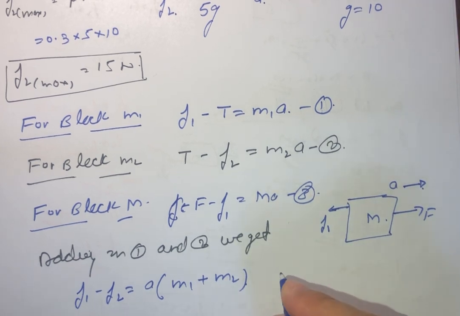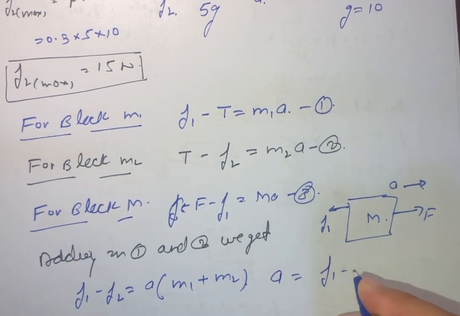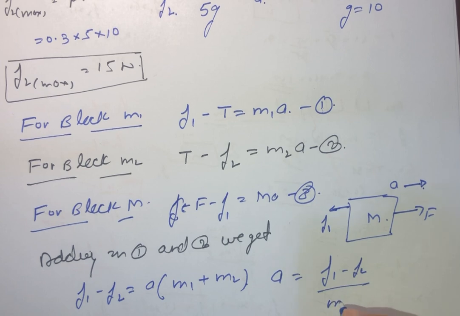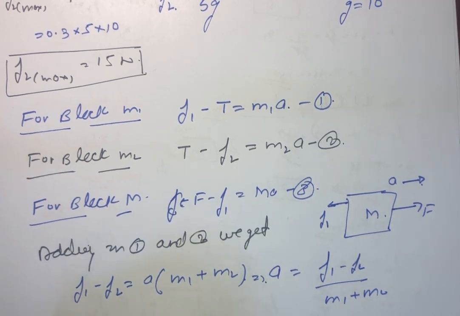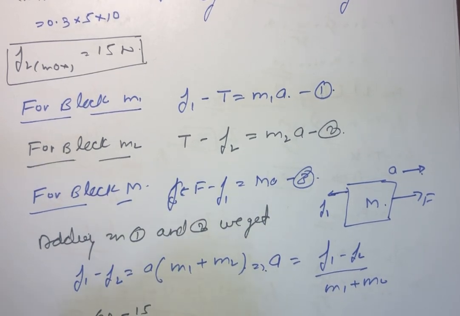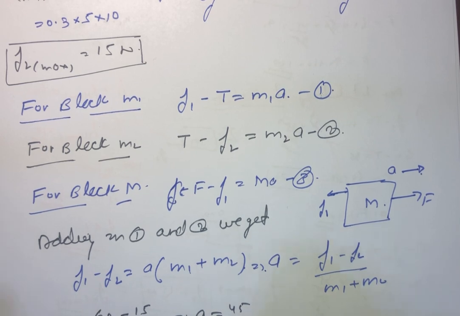From here we can say our acceleration A equals F1 minus F2 divided by M1 plus M2. Substitute the value. F1 is our 60, F2 is our 15, and M1 is our 20, and M2 is our 5. From here we can say A will be coming as 45 divided by 25.